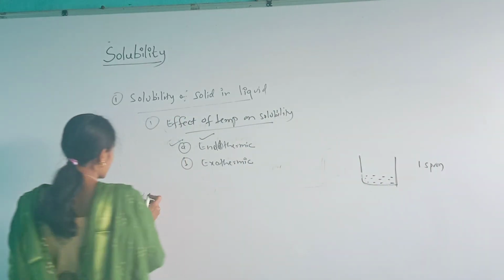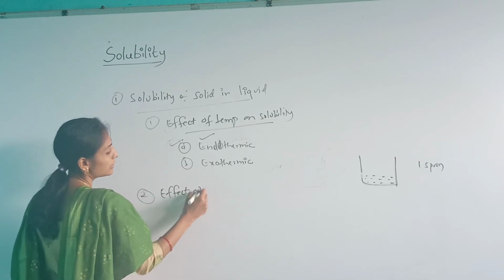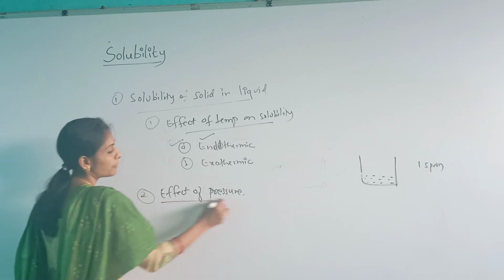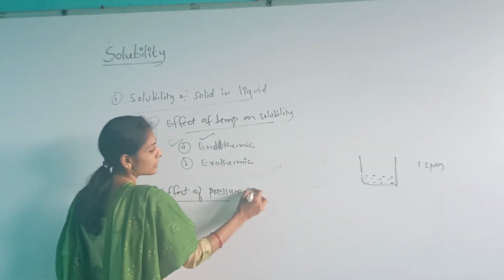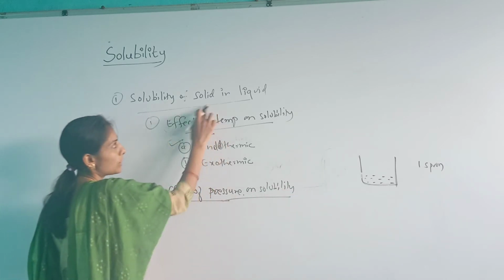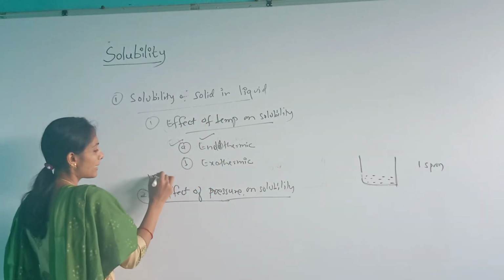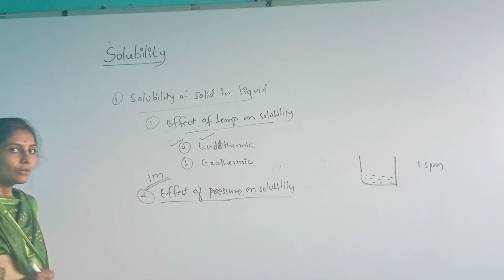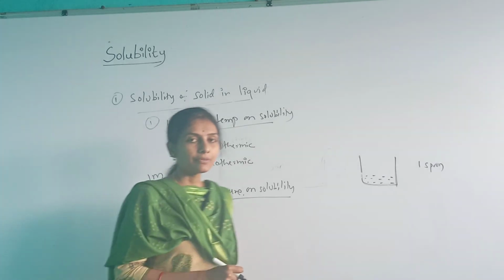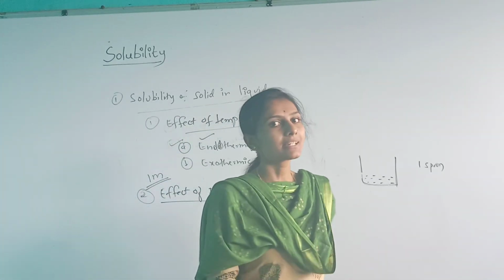Now, what is the effect of pressure on solubility of solid in liquid? Important, 1 mark maximum will be asked. What happens to the solubility of solid in liquid when the pressure of a system is increased?